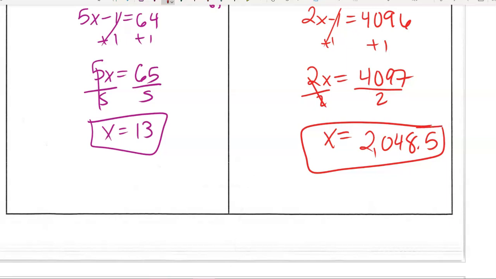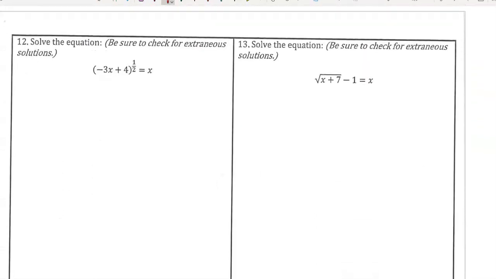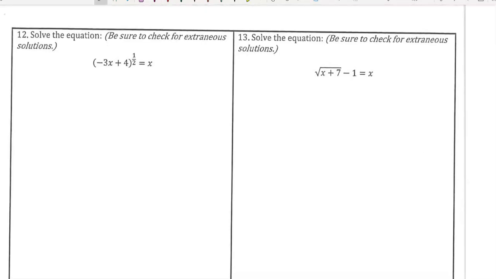Okay, moving along. Solve the equation. Be sure to check for extraneous solutions. Okay, so here we have a 1/2 exponent, and when we have the 1/2 exponent, that can be rewritten as the square root. All right, first things first, let's get rid of that root by squaring both sides.